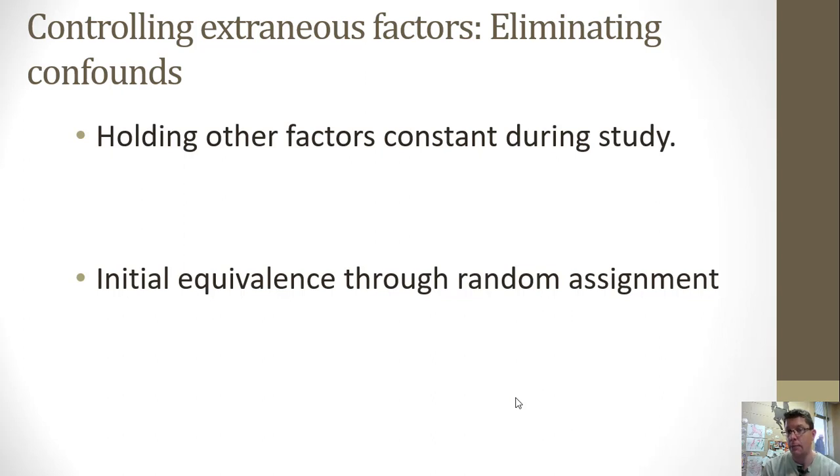I've manipulated my independent variable, whether they got the active ingredient or not, before I've measured the dependent variable, exam performance. I've controlled other extraneous factors, making sure the taste is the same, students' expectations about what they're getting is the same, and I've used random assignment to get initial equivalence.